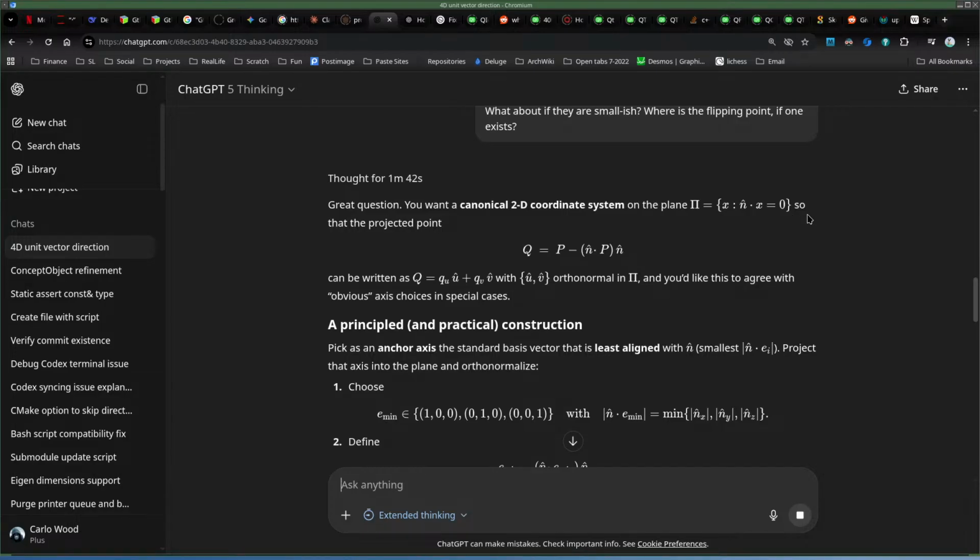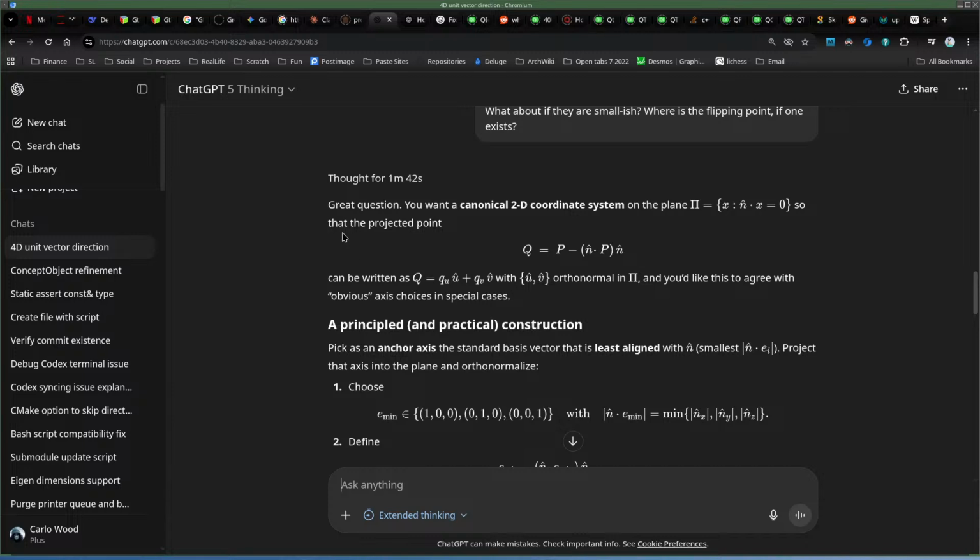Yep, so that means that the plane goes through the origin. The offset here is absolutely not interesting, any possible offset, so that a projected point Q minus n dot P times n can be written as Q equals Q_u U plus Q_v V with U, V orthonormal in Pi.